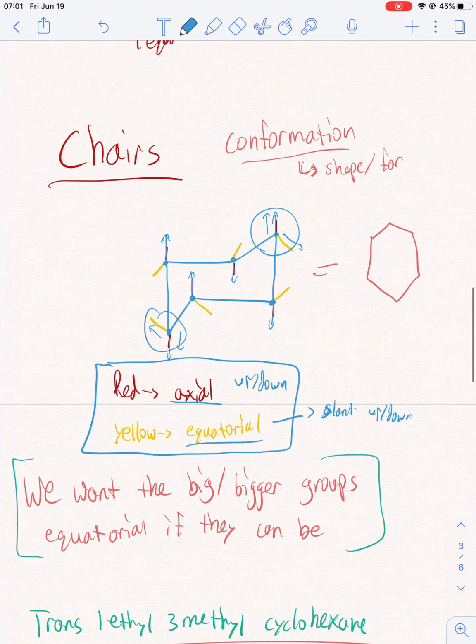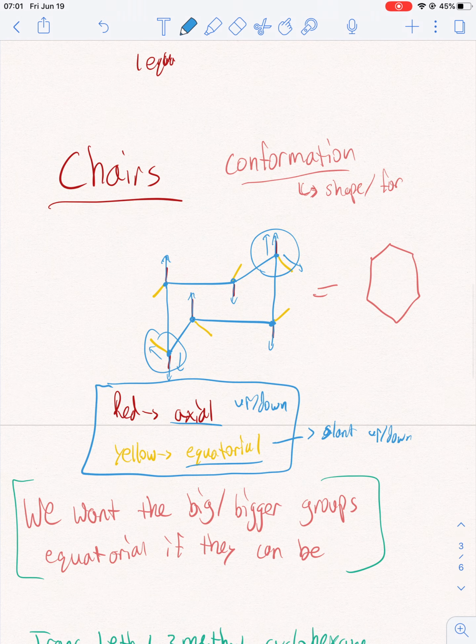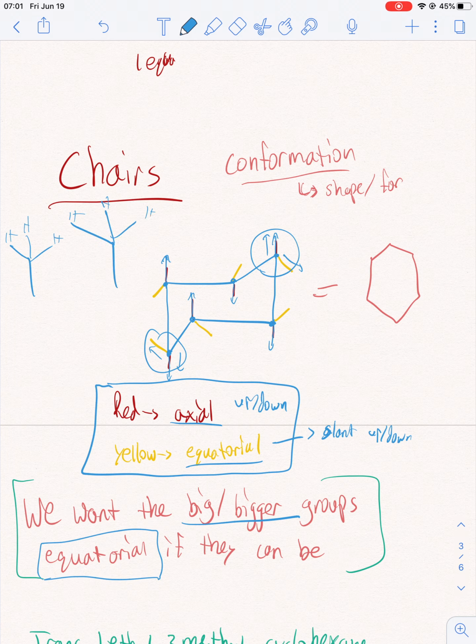So another rule is that when we're comparing structures, we want the bigger groups equatorial if possible. Because when they're axial, you can imagine this. Let's say you have two parts of a chair.